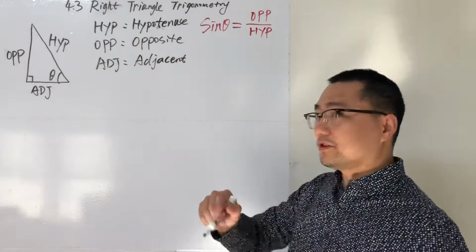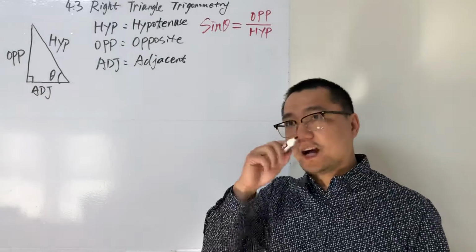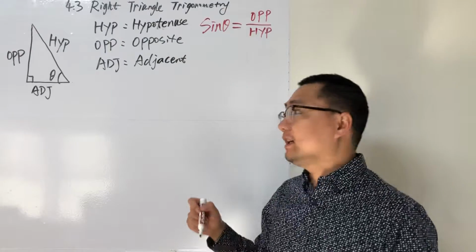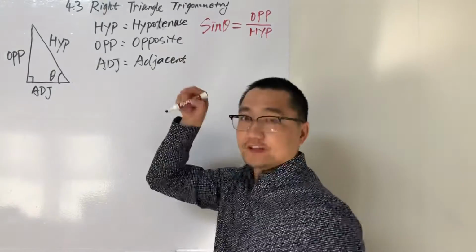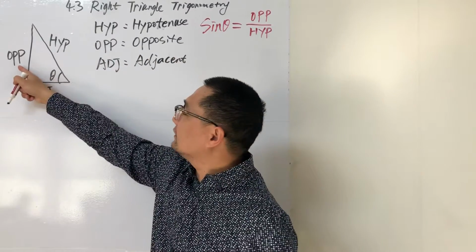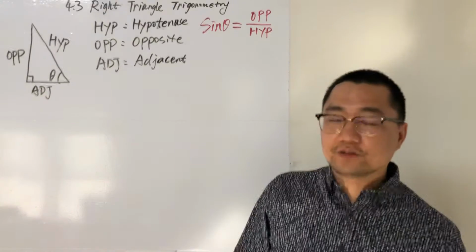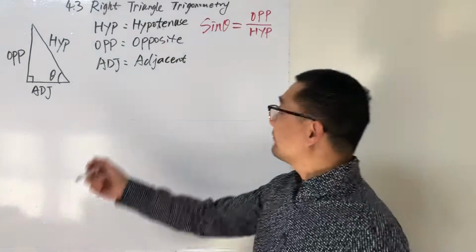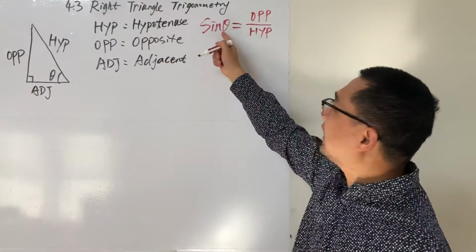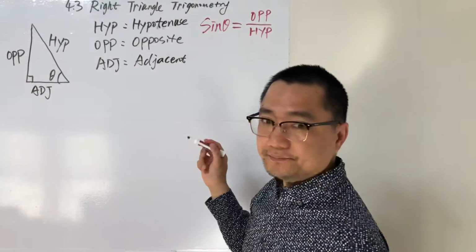The unit circle gives you the x and y coordinates, so sine is equal to y, the y coordinate. But for the right triangle, sine is the opposite side over the hypotenuse. As you know, sine, cosine, and tangent are always just a ratio, a rate, so it's also a fraction. So we define sine as the opposite over hypotenuse.